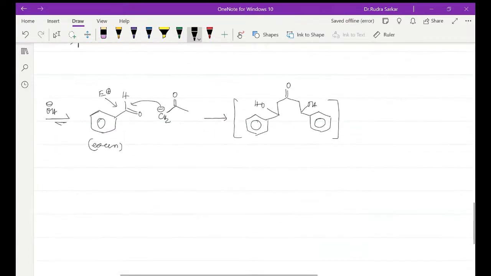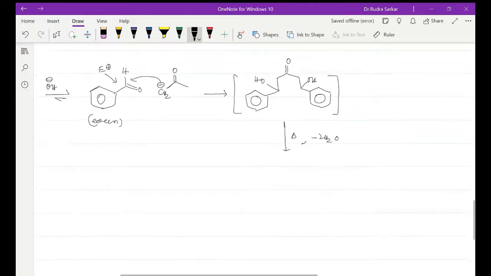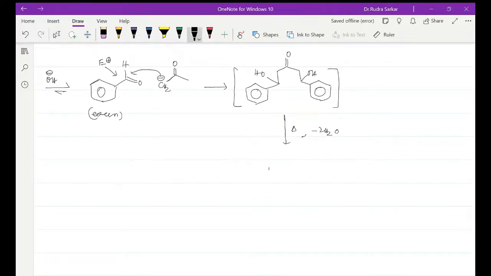Now, if we heat this molecule, two molecules of water will be eliminated from the above molecule, and that will lead to the formation of a double aldol product, which can be represented as follows.